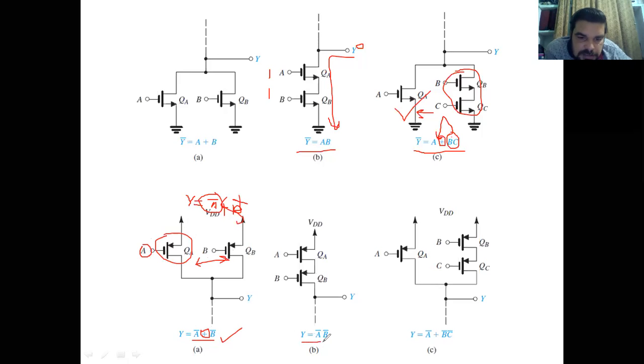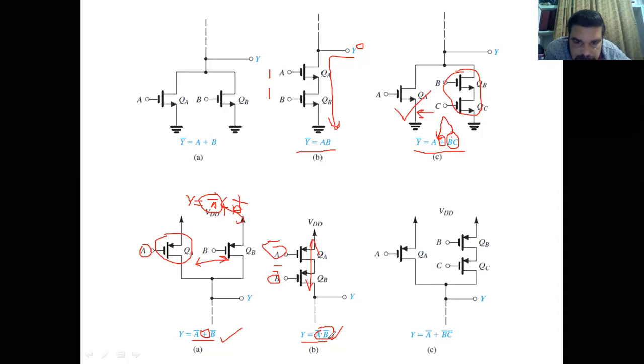Let's say another example. This is already in the form y equals to complement of inputs. So A complement into B complement. The multiplication sign means the PMOS will be connected in series. So inputs will be A and B. Remember the inputs are not in complement form. You need to remember this.